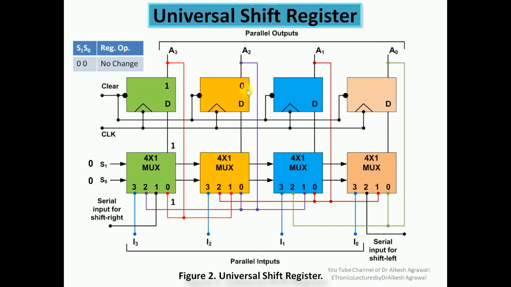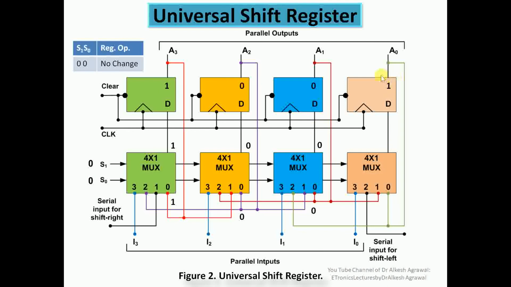If we assume 0 is stored in the second flip-flop, this 0 value is again coming onto the 0 channel of the multiplexer, and with the selection input 0 0, it is again selected out at the output of this multiplexer. If you assume the third flip-flop has 0 value, that 0 value is connected to the 0 channel, and with 0 0 selection input, the same value comes out of the multiplexer.